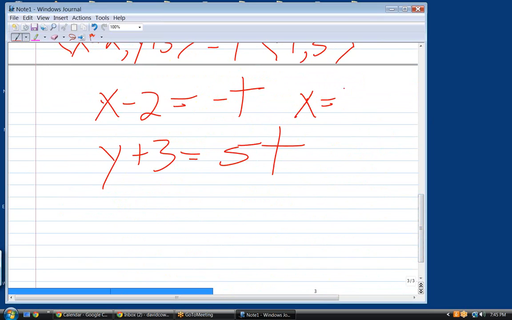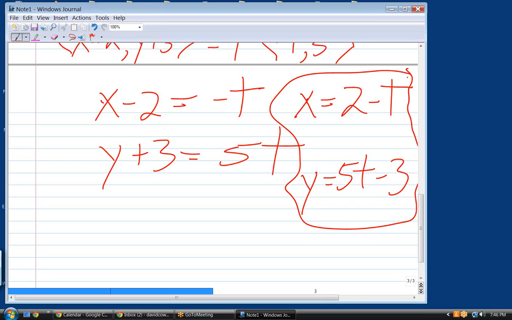So this would be x equals 2 minus t, and this would be y equals 5t minus 3. Notice that these are parametric equations with t being the parameter. And they did add one other thing here, that means t is going from negative infinity to positive infinity.